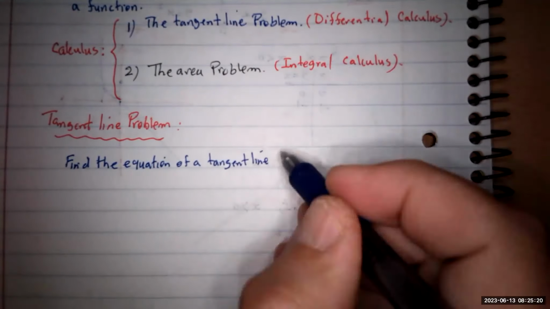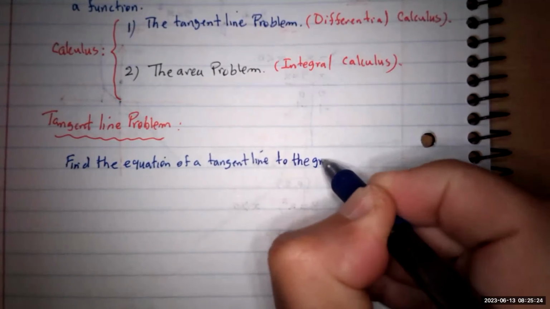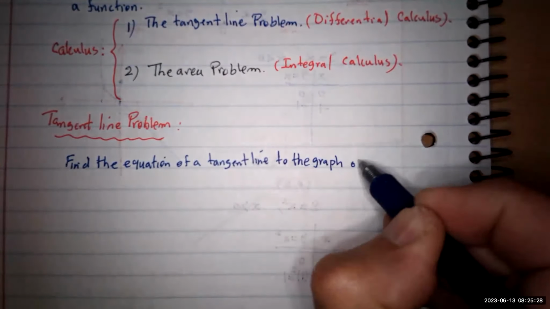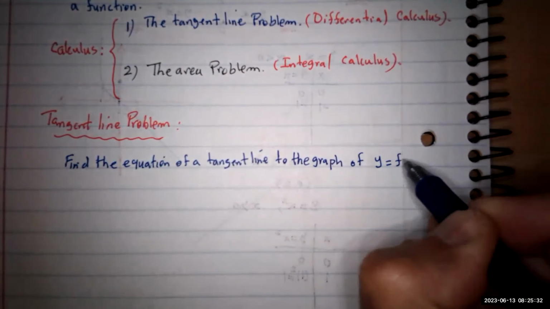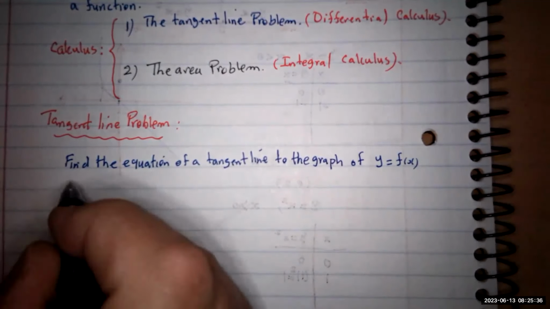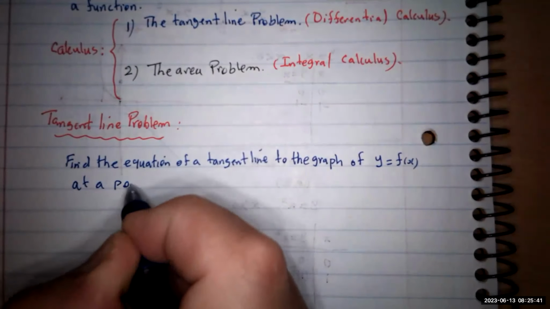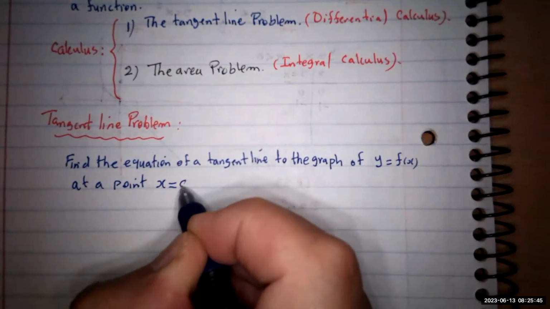Find the equation of a tangent line to the graph of the function y equal to f of x, at a point with the x coordinate of a.